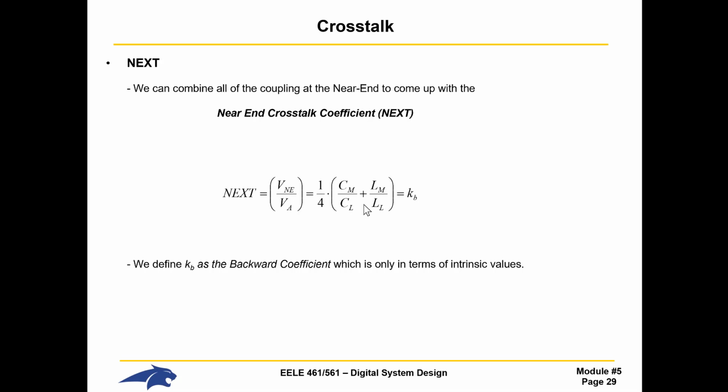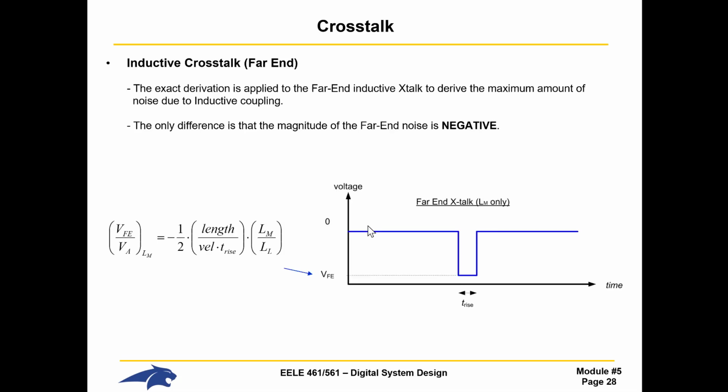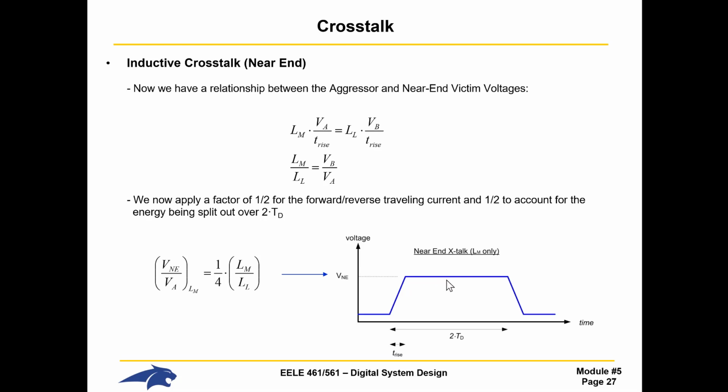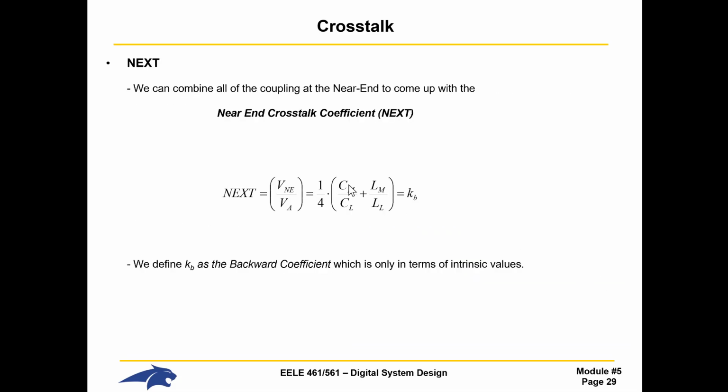This B stands for backward coefficient, and you have that characteristic wave shape right here, but you add the capacitive coupling and inductive coupling together, so this thing gets bigger. Okay, that's cool.